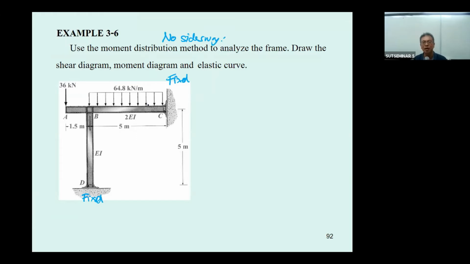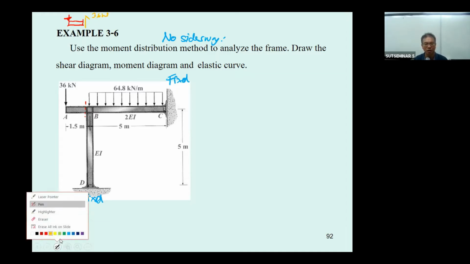And based on this, if you consider the frame has the cantilever portion, as you know, you can determine the shear at this cut to be 36 kilonewton, the same as the applied force.